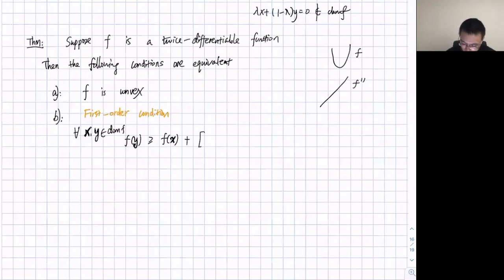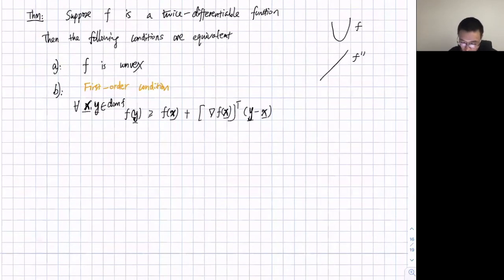Plus the gradient of f of x at this point, at x, transpose y minus x. So they are vectors. I can represent vectors with a bar. All other things are scalars. And of course, the gradient is also a vector.